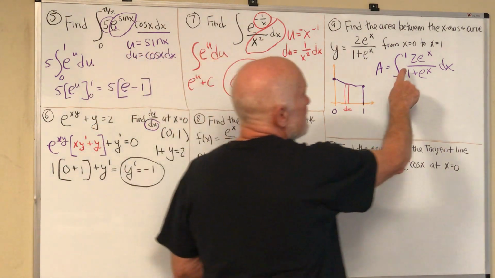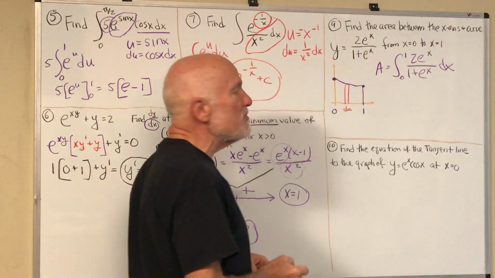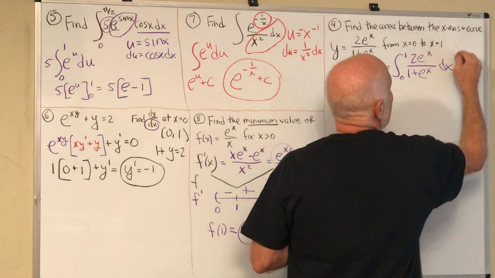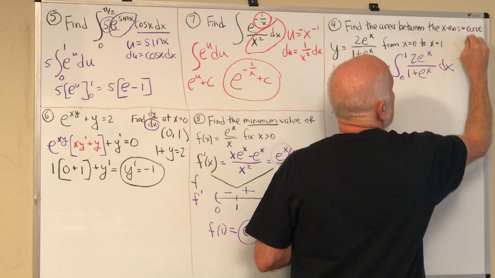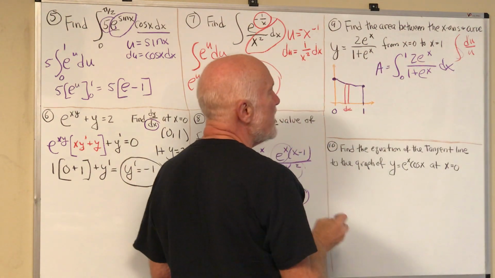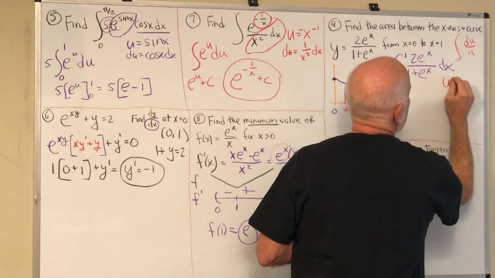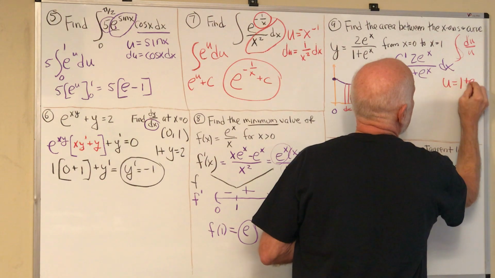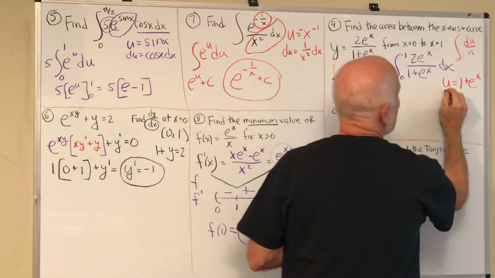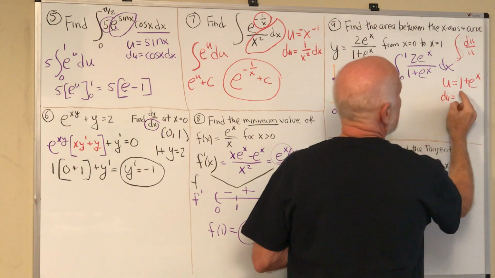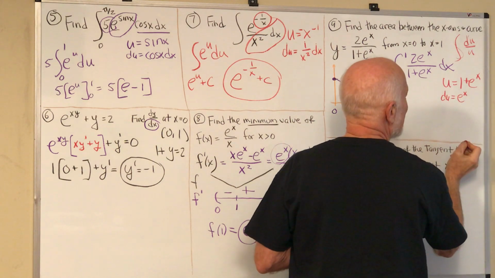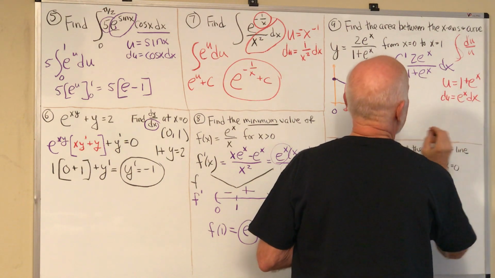Well, whenever I see a division bar, I'm thinking it could possibly be du over u. I can possibly get it into the form of du over u. In order to do that, I have to let u equal 1 plus e to the x. In which case, du is 0 plus the derivative of e to the x, which is e to the x dx.